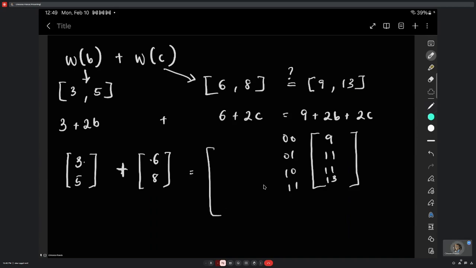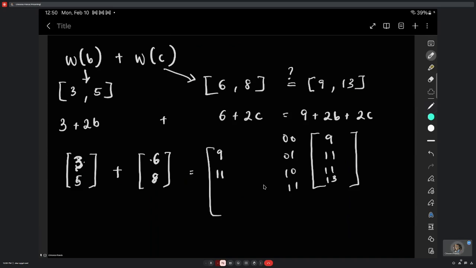So the pattern he saw was that when we add these two, we can think of it as adding them element-wise. We take 3, the first element here, and add it to 6 to get 9. Still 3, we add it to 8 to get 11.